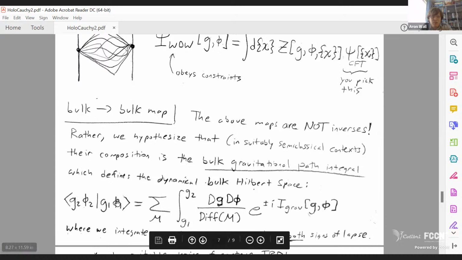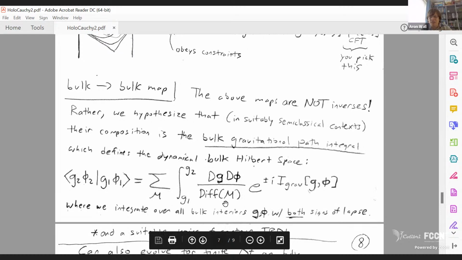So the way that works is I start with initial conditions defined with some ket states, so some initial data on some Cauchy slice, and then I want to define a dynamical inner product with some final conditions where I do it by summing over possible manifolds that go between the initial metric and the final metric.